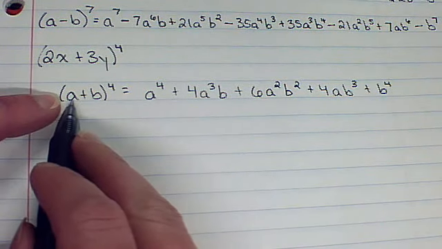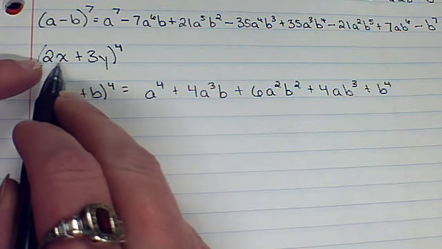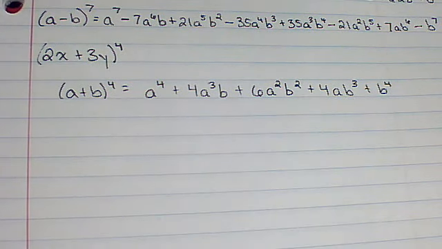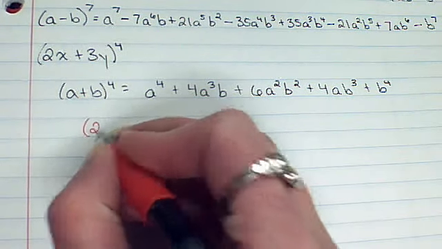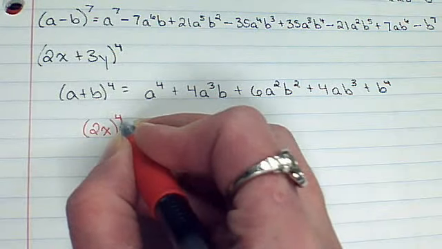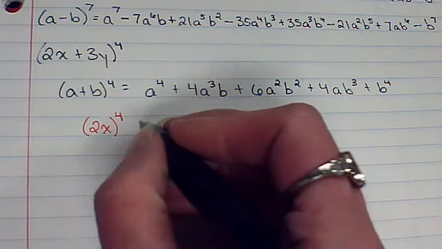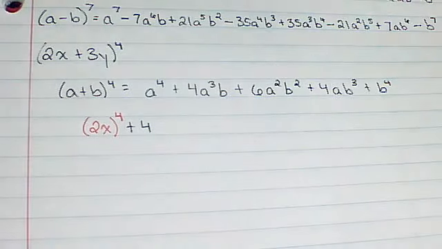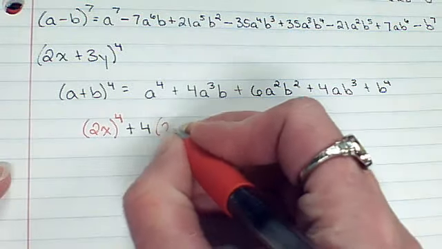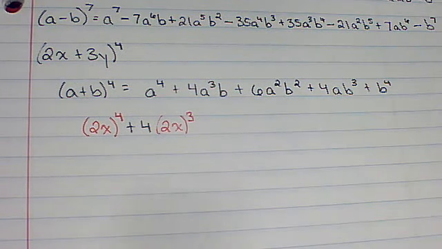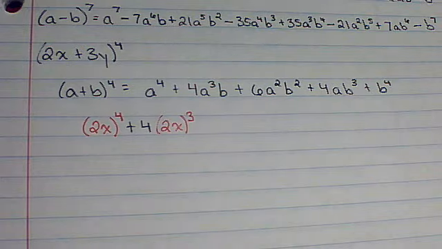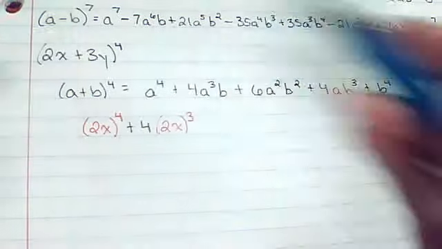Now, instead of having an A, we have 2x. So it needs to replace all of the A's. So here is A to the 4th. And we'd have plus 4 A to the 3rd. Now, what about B? B is 3y.